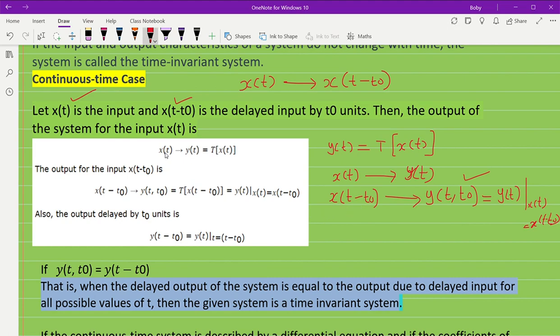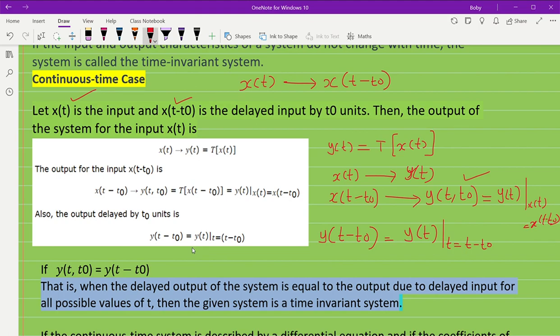Similarly, we can consider the output delayed by t0, represented as y of t minus t0. y of t minus t0 means y of t for every t changed to t minus t0.